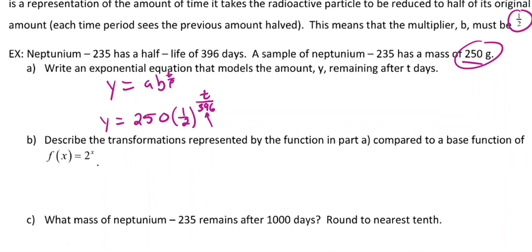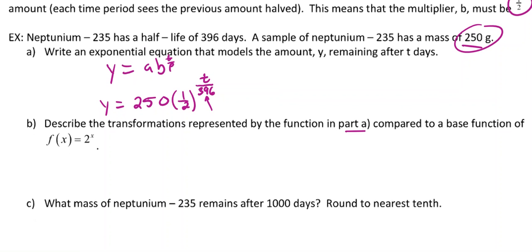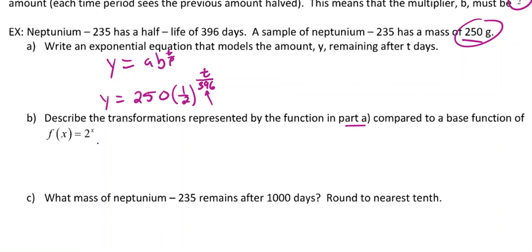Okay. So describe the transformation represented by the function in part A compared to the base function of f of x is equal to 2 to the power of x. So what are the actual transformations that are happening here? Well, I'm going to write this one more time. We've got y is equal to 250.